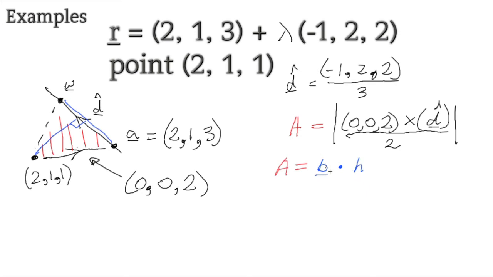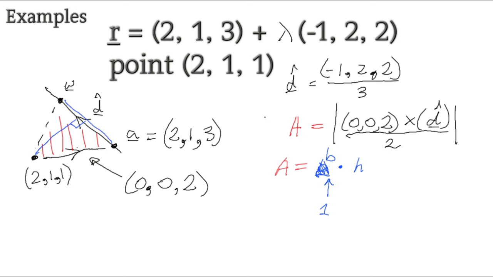Actually, this is a really bad notation. Base times height, they're not vectors, they're scalars, remember this. So the base is the magnitude of d hat in this case, which is also 1, because by definition a unit vector has length 1. So you take that into account, and so area is actually h.